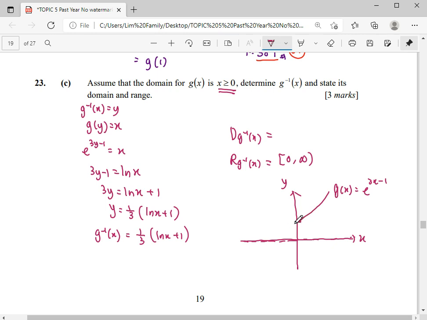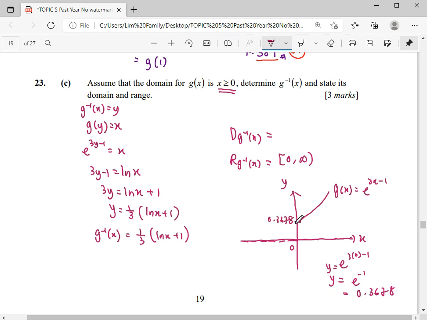What is the value of this? When x equals to 0, this is e to the power of negative 1. We substitute x equals to 0, our y coordinate there will be e to the power of negative 1, which is equivalent to 0.3678.